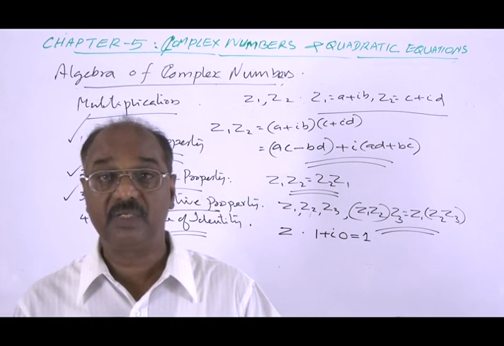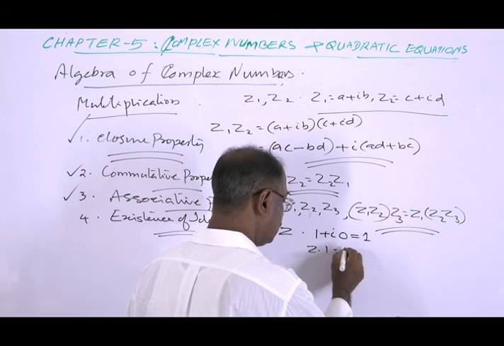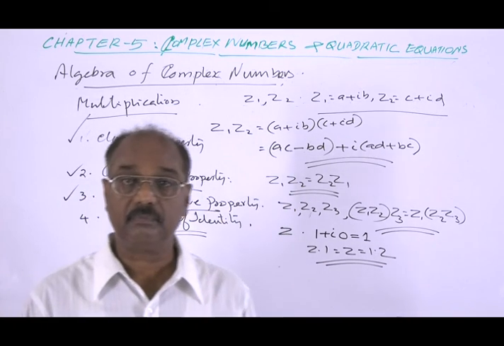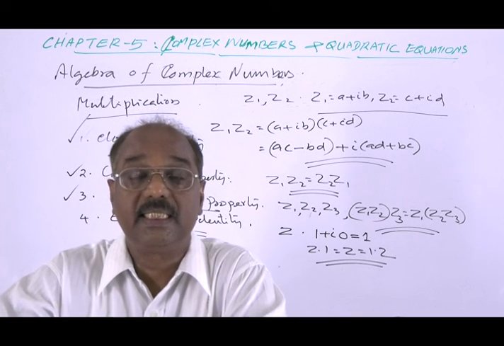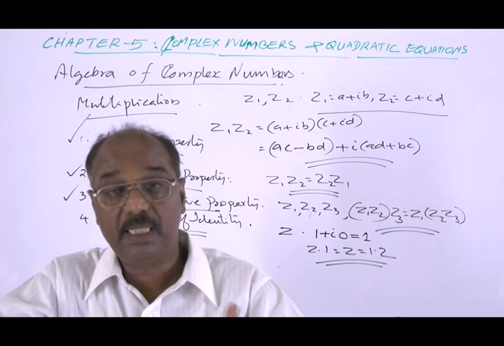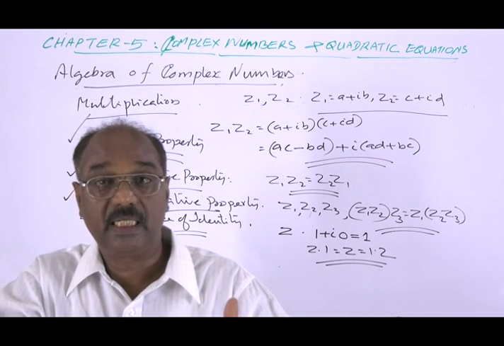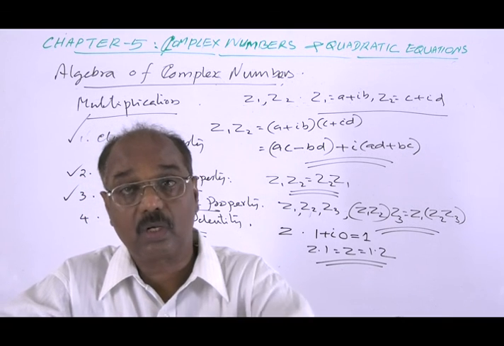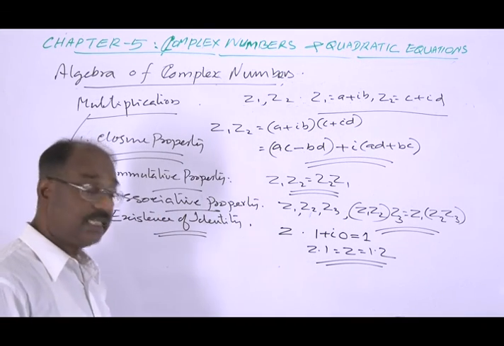And we can easily see that Z into 1 is equal to Z, which is equal to 1 into Z, for all complex numbers. Hence, 1 plays the role of the multiplicative identity element. Remember that this multiplicative identity is unique, in the sense that there is one and only one multiplicative identity for all complex numbers.